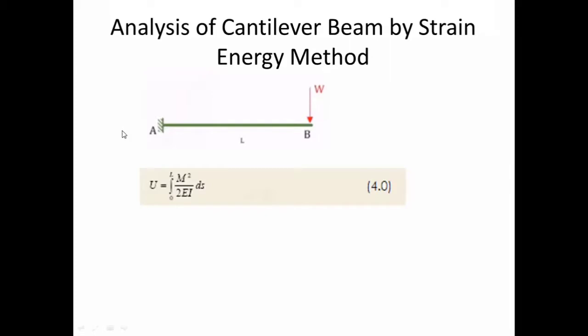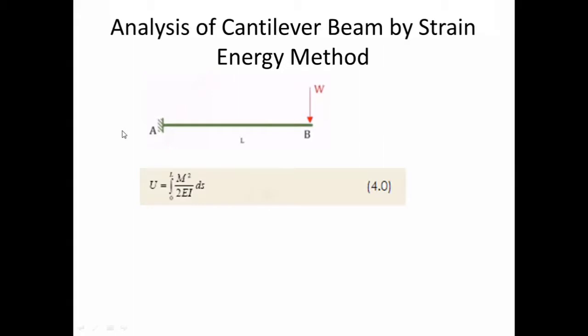Here in this equation, we have three terms. One is M, which is bending moment. Second is capital E, Young's modulus. And third term is moment of inertia. So E and I, which are in the denominator, are constants, material and geometrical properties.